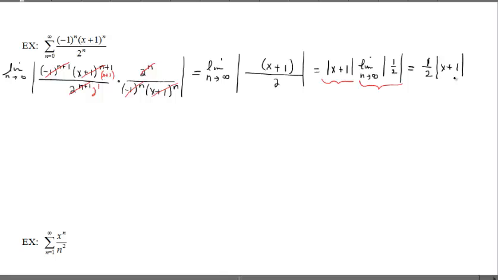Right here, with the ratio test, I want it to converge, so I'm going to force it to be less than 1. So if I can find a value for x, add it to 1, find its absolute value, multiply by half, and if that value allows this output to be less than 1, then this power series will converge.